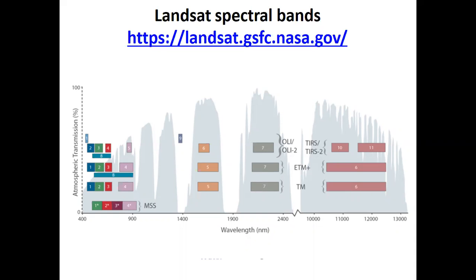Some wavelengths are totally or nearly totally absorbed by the atmosphere, but the other wavelengths could very easily go through and reach the Earth's surface, reflect from the surface, and go back to space. And then the sensors installed in the satellites could detect this light reflecting from the Earth's surface.